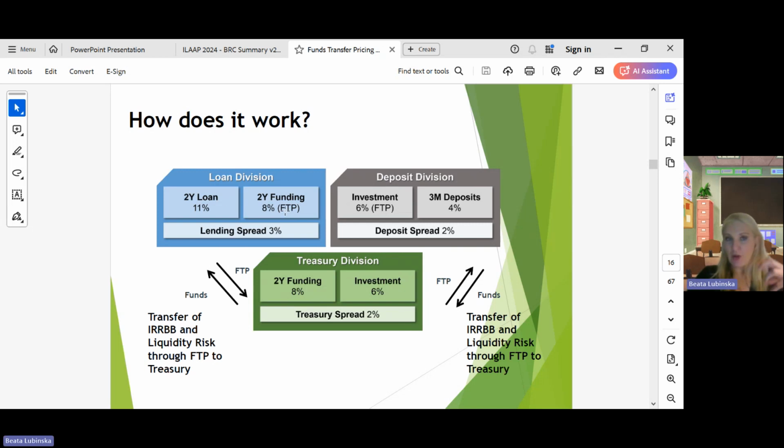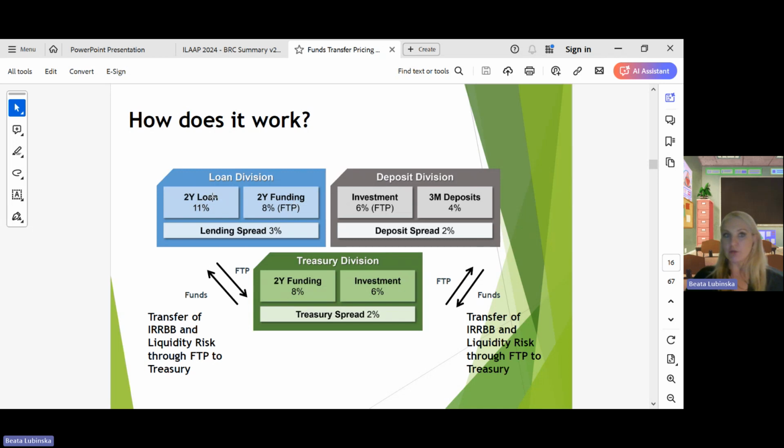Therefore, we are charging the 2-year FTP rate for this particular product. As such, we already said that it has to be matched. So we have the 2-year loan against 2-year FTP.